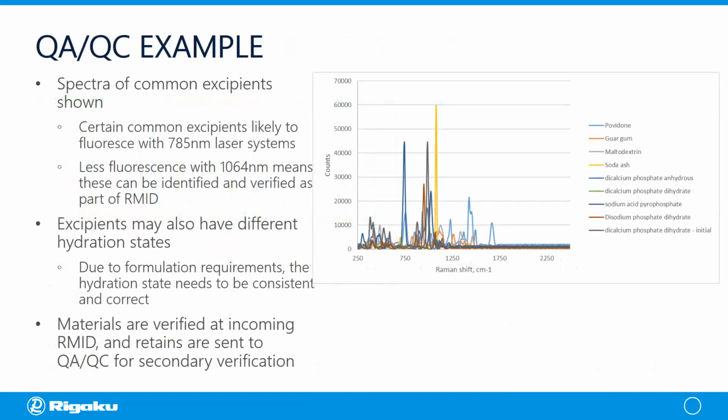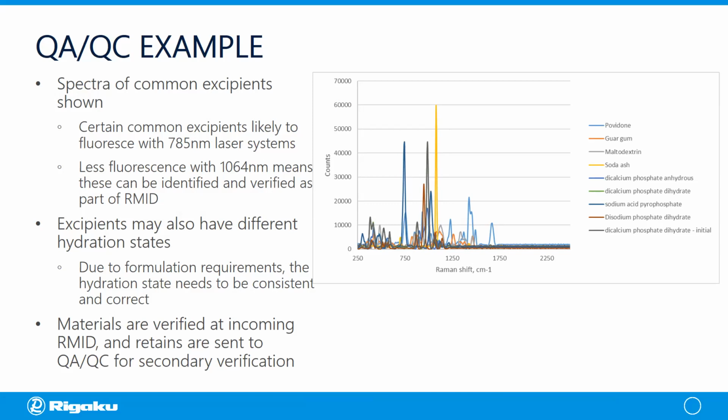We can also look at an example for a QA/QC lab other than the process monitoring. Here we see common excipients in the spectra, and we can use the Raman analyzer for verification of these materials. And this is what's done for raw material ID of incoming material inspection in the warehouse.